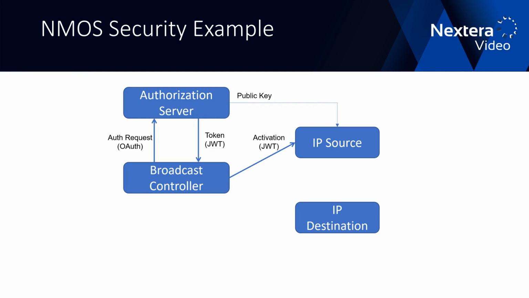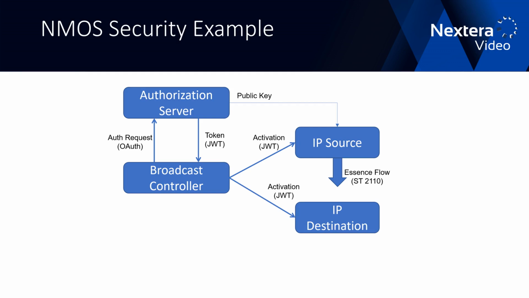So in addition to the activation, it also sends that JSON web token to the source. And at the same time, the source is getting its public key from the authorization server and making sure that the key matches the web token. So once that is authorized, then the source starts transmitting.